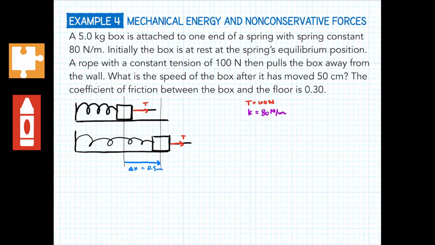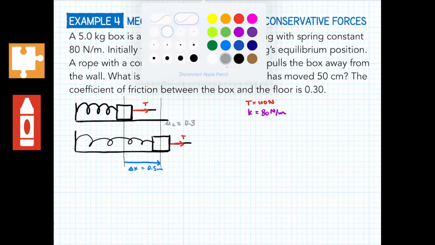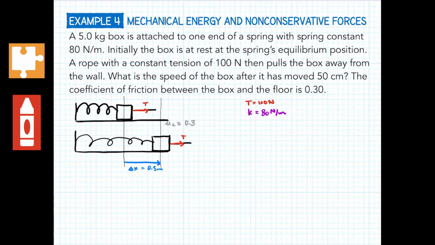And then we know that the coefficient of friction, mu k, is going to be 0.3. Okay, so what do we know about velocity? Because remember, we also have to deal with kinetic energy. So let me write these out as initial and final. This is initial, and this is final.